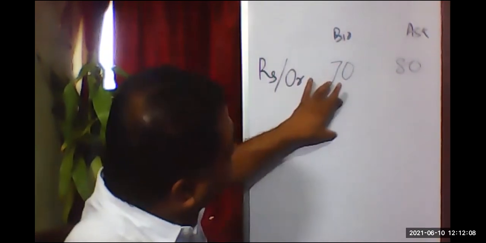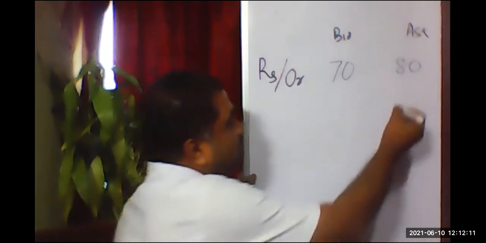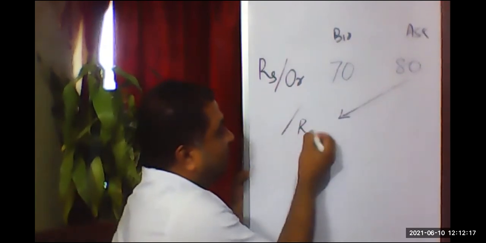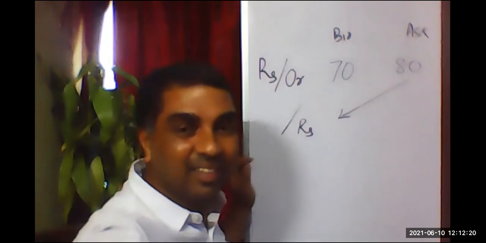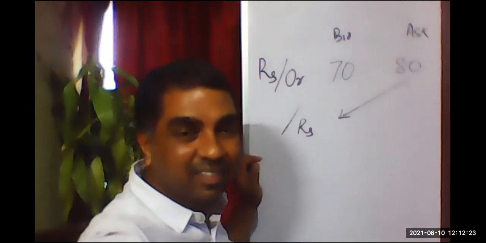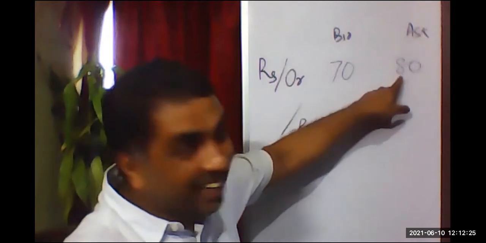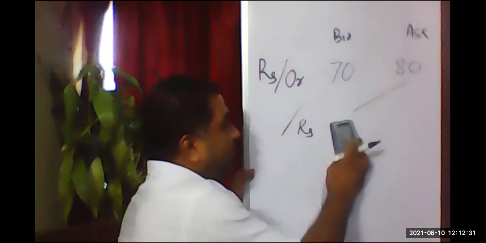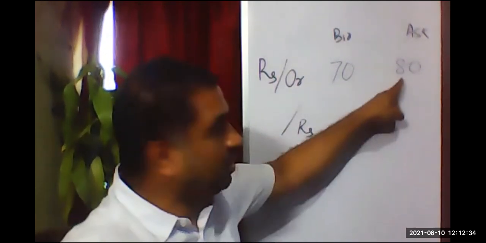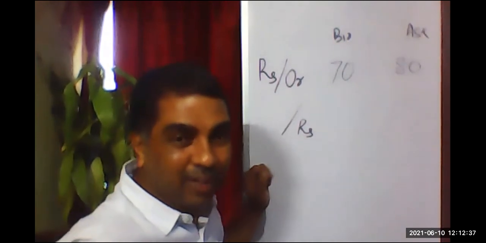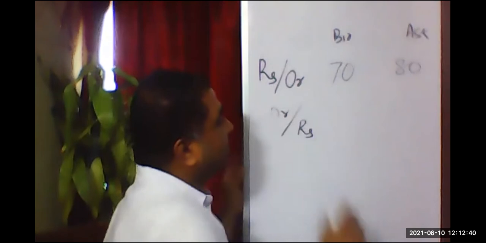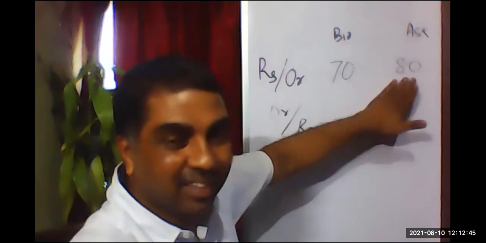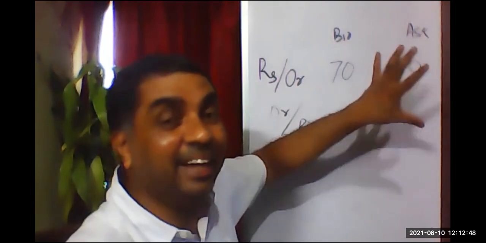Now this becomes the buying rate, but buying rate for whom? Is it for orange or rupees? It is selling rate for orange, but buying rate for rupees, because she's selling orange, but what she's buying? She's buying rupees. So buying rate for rupees is how much? 80 rupees for one orange.